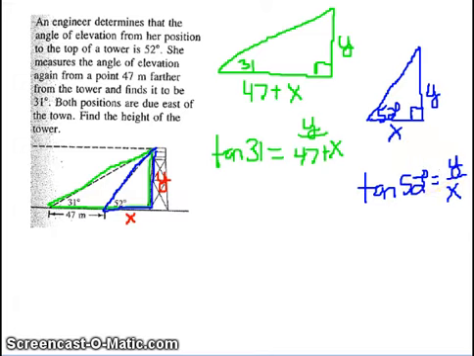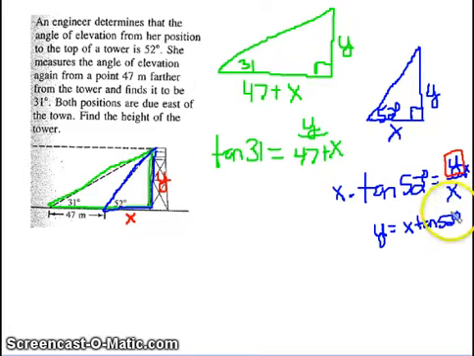I decided to solve for y so that I could plug that in to my numerator over here. And so if I solve for y, I can easily multiply both sides by x so that I get y equal to x tangent of 52. Or you can write it as the tangent of 52 times x.